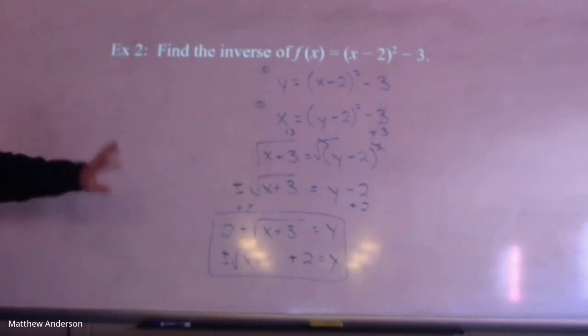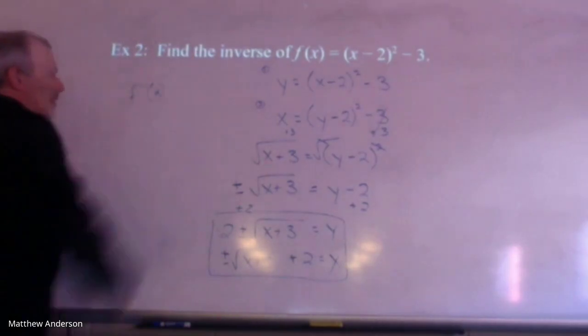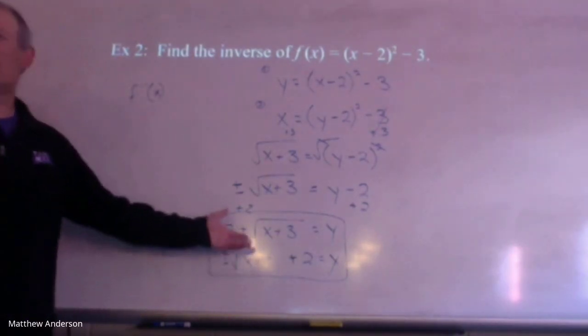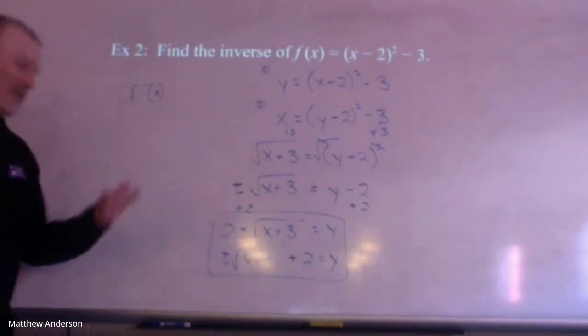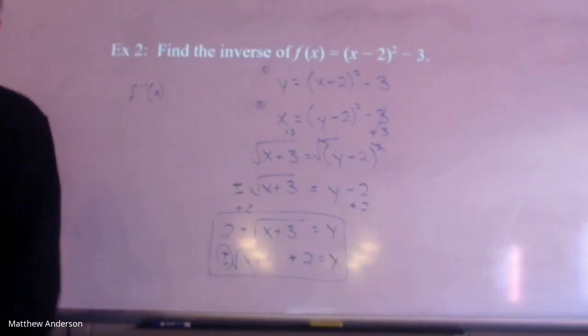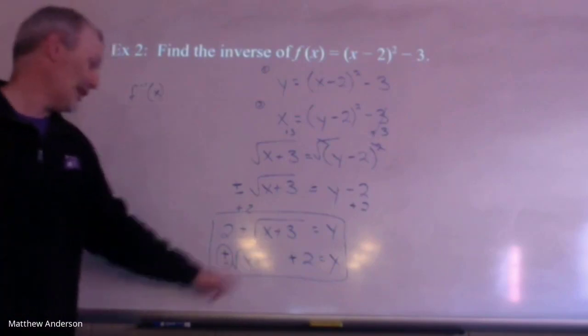Now, the reason I'm not going to rewrite it as f inverse of x is because they're both the same, but this is not a function. The reason it's not a function is because of plus or minus here. If you remember a function, this is way back when, but for every input, you can only get one output. It's like when you scan an item at Walmart, you should only get one price. Well, if we put in, let's just say a 1.